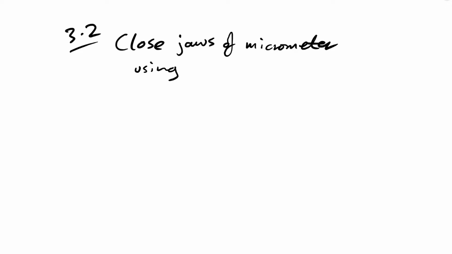3.2, micrometer has a 0 error. Describe how to determine an accurate measurement for the diameter of a pencil using this micrometer. Well, we close the jaws of the micrometer using the ratchet on the end. So it clicks, and so you're not forcing it, you're not compressing the jaws. Determine zero error.